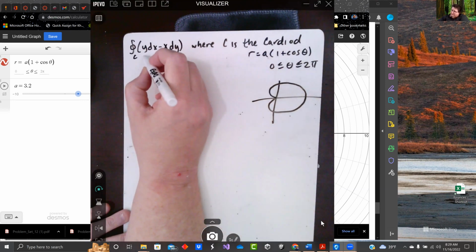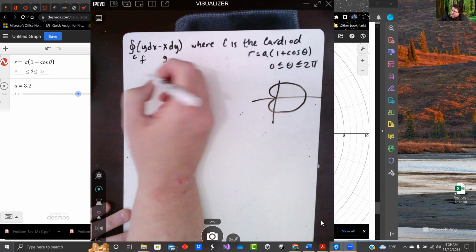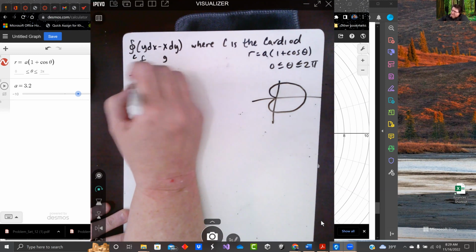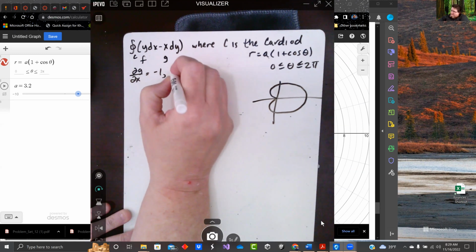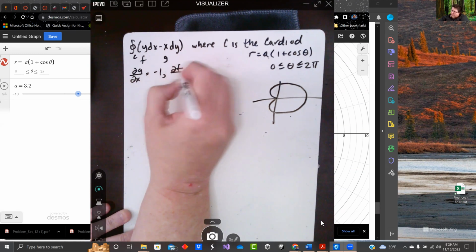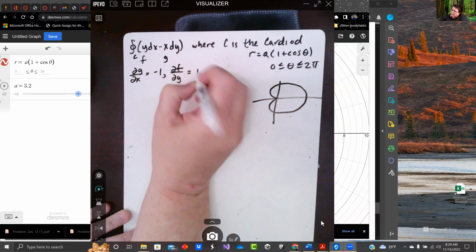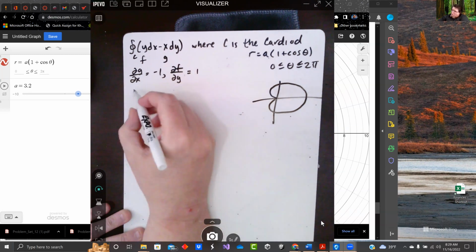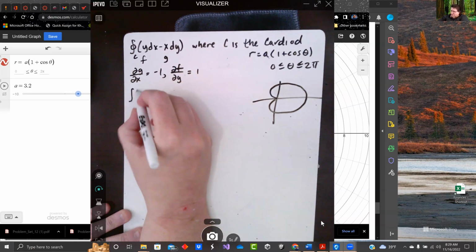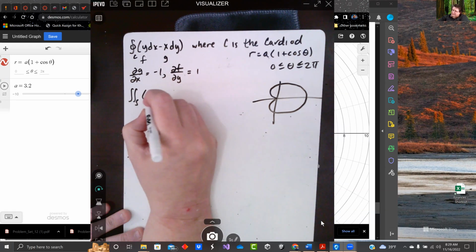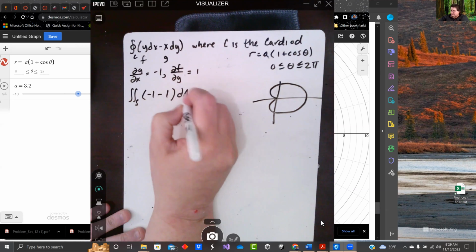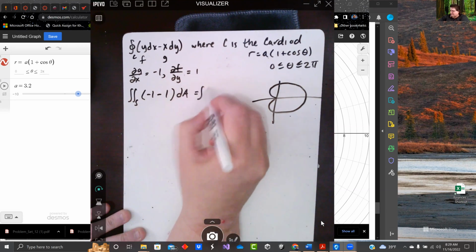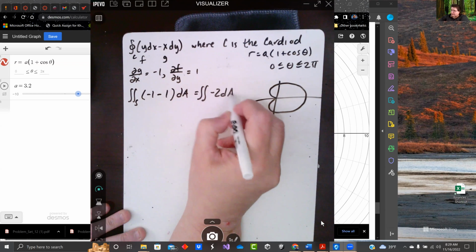So this is my F and that's my G. So dg dx is -1 and df dy is 1. So the surface integral would be dg dx minus df dy dA, and we have -2 dA.